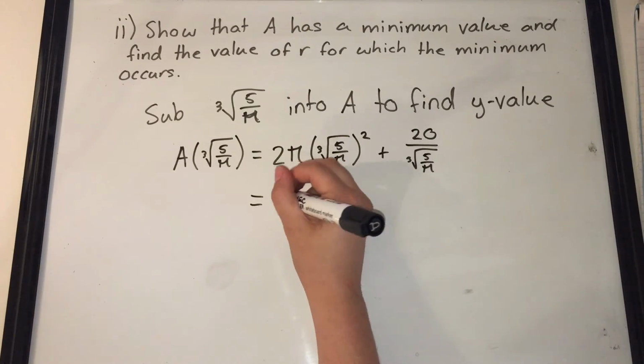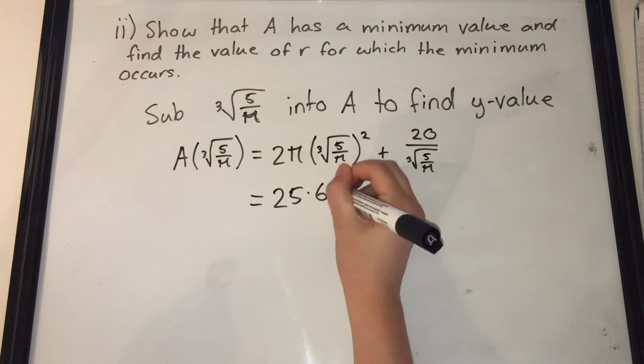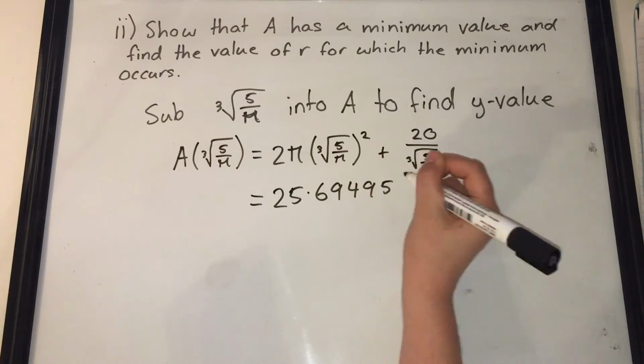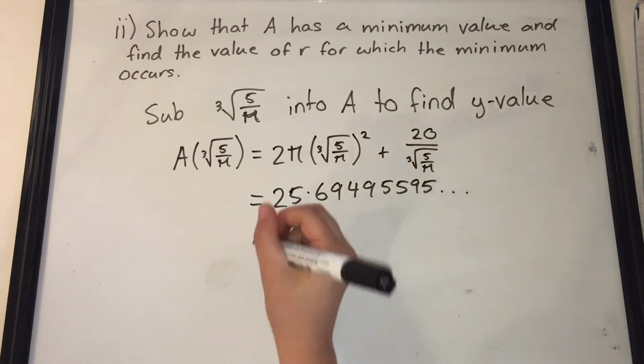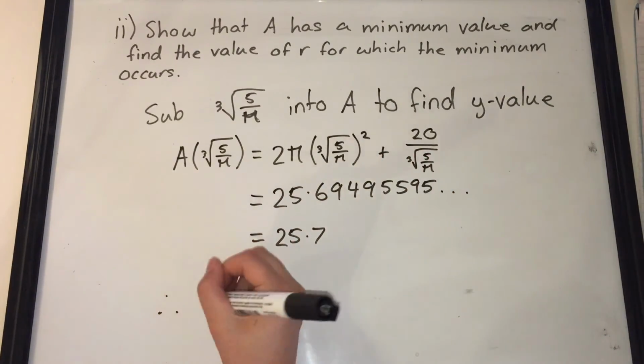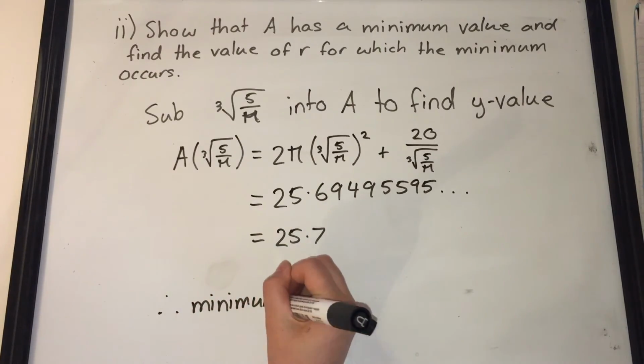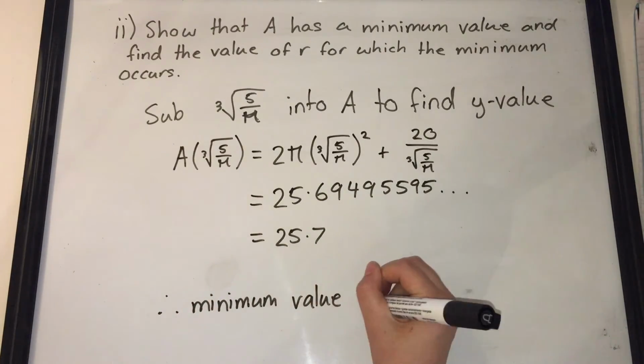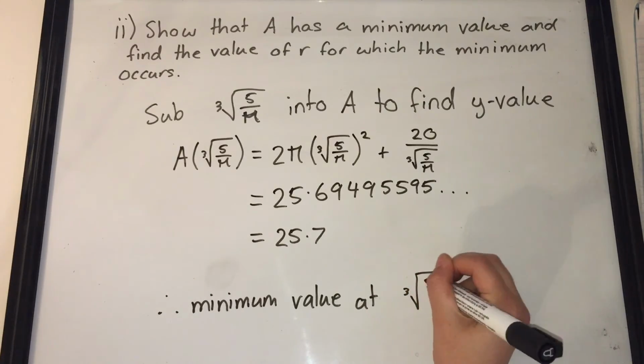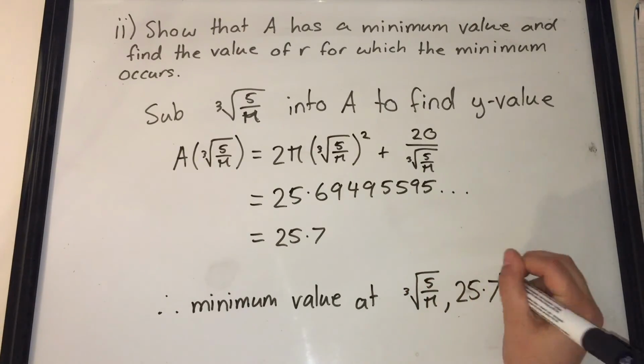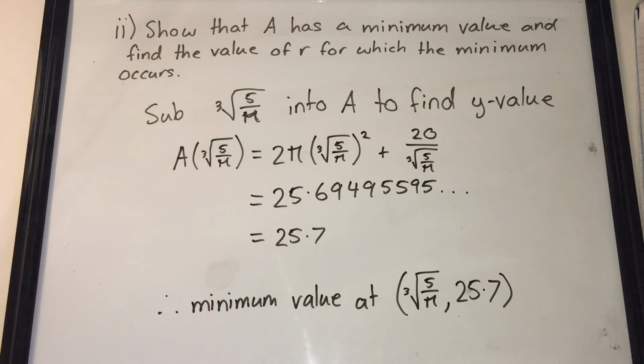We end up with an answer of approximately 25.7. Therefore, our final minimum value is at cube root of 5 over pi and 25.7.